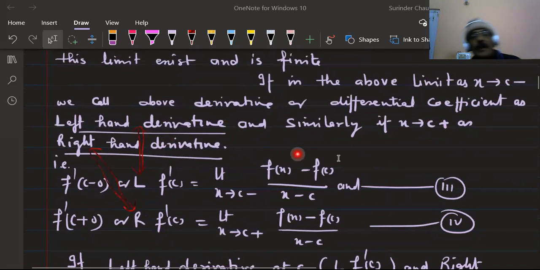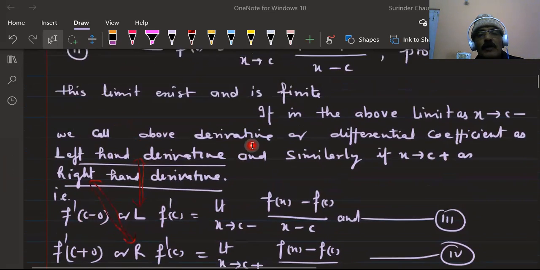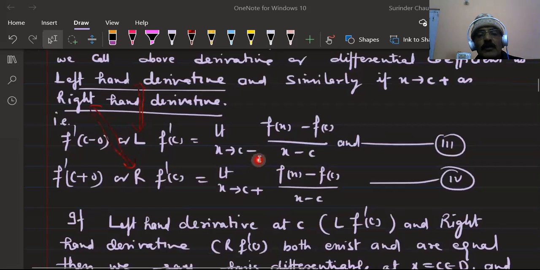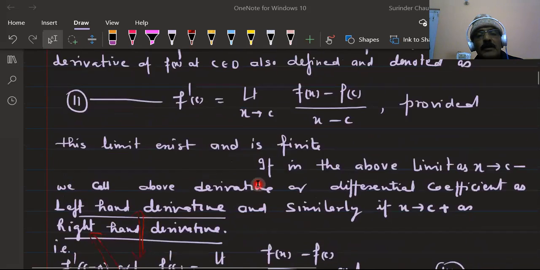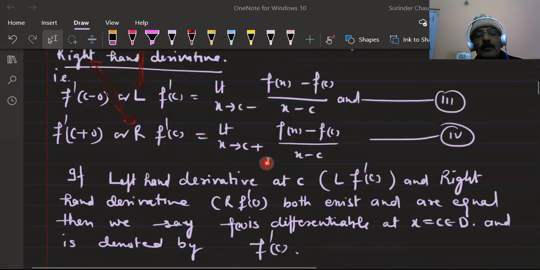They are denoted by f'(c-), the left hand derivative of f at c, equal to the limit, only the limit is taken as x approaches c from the left. Similarly, the right hand derivative of f(x) at c is f'(c+), equal to the limit of the same ratio [f(x) - f(c)]/(x - c) as x approaches c from the positive side.